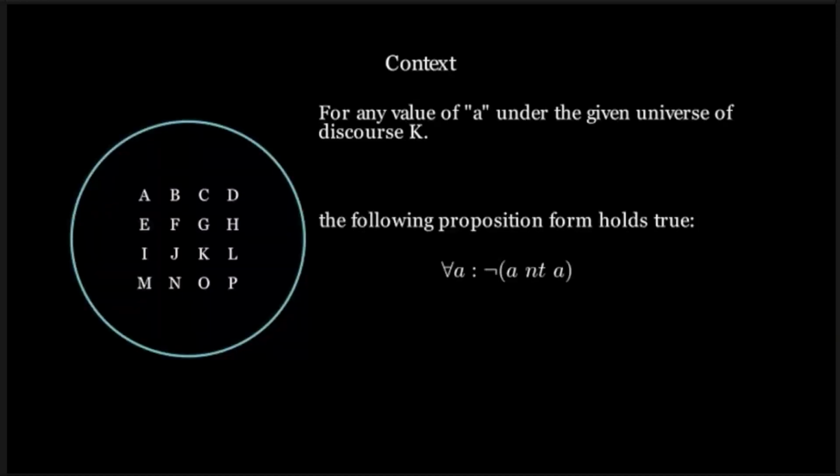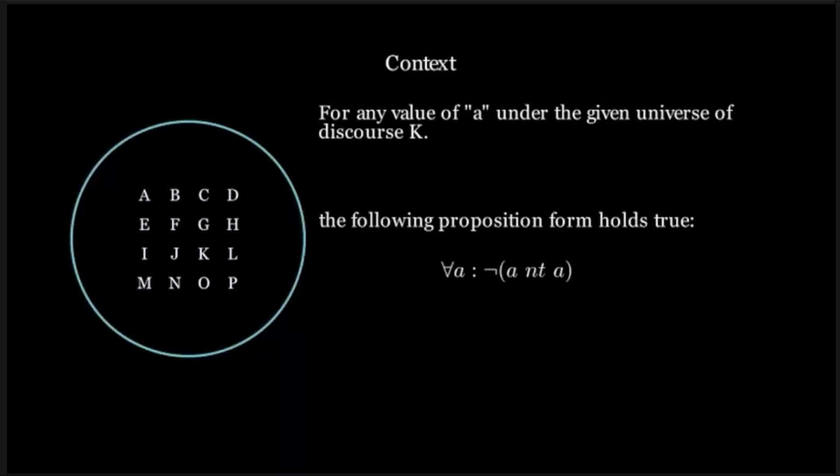Now, with this general proposition, we use the sign which is a flipped A, called for all. A is a variable which can be substituted for each value of a house. So A can represent a range of values which belong to the universe of discourse, which is a collection of houses.